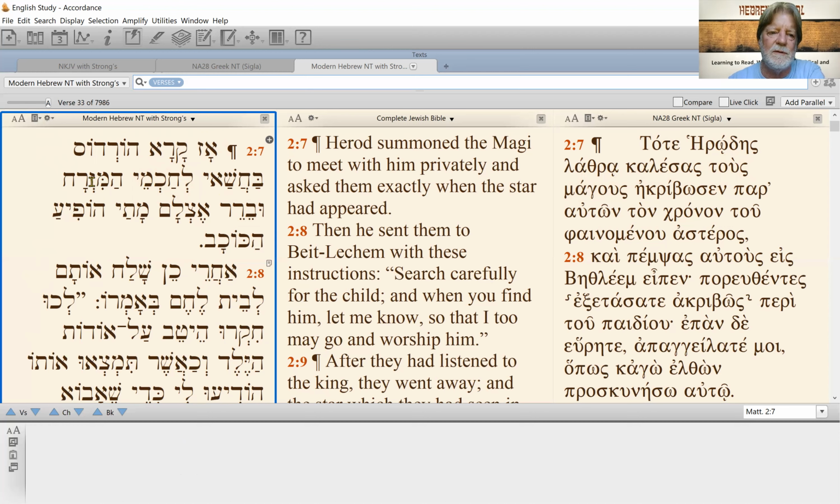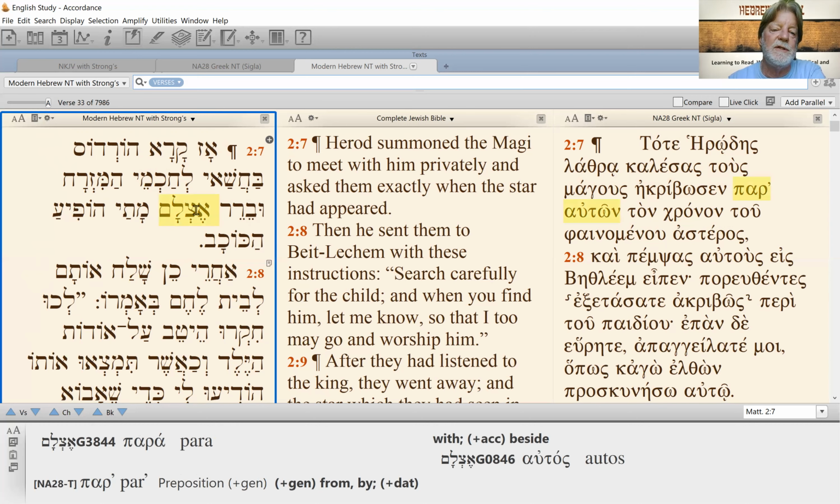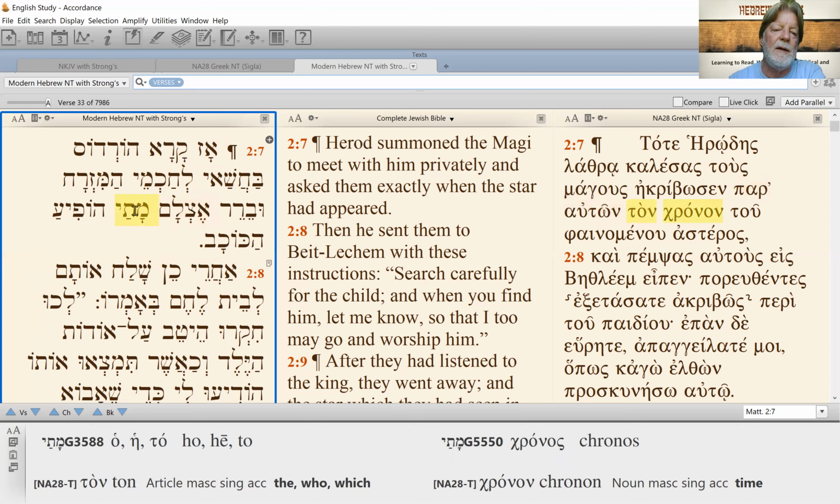Uvarer, which means to not just to inquire or to seek, but to really do a thorough job of seeking. Et salam, from them. Matai, what? Et salam, matai. I guess it means like what time.